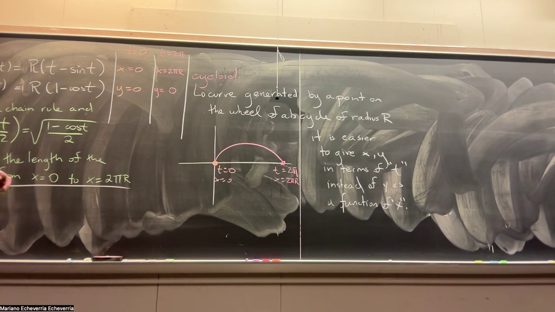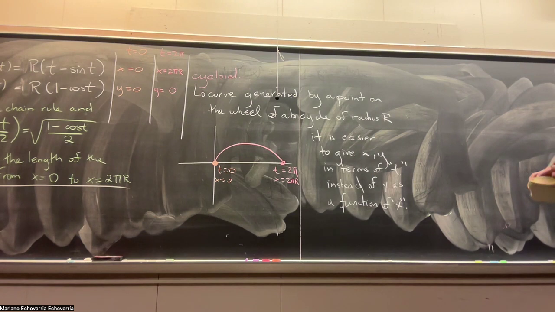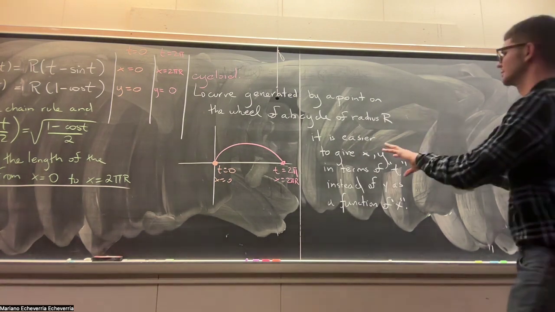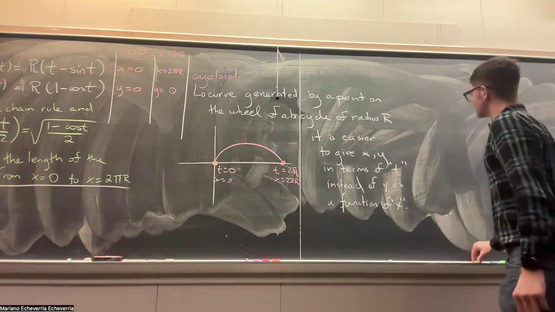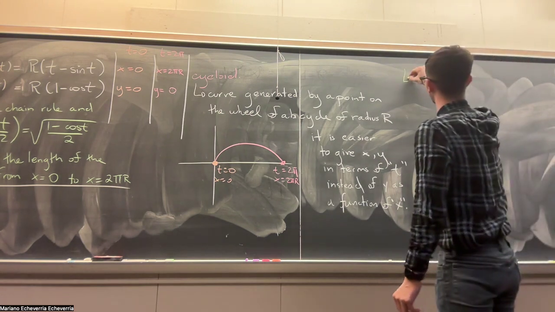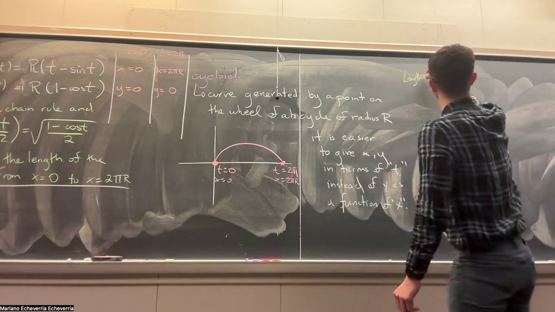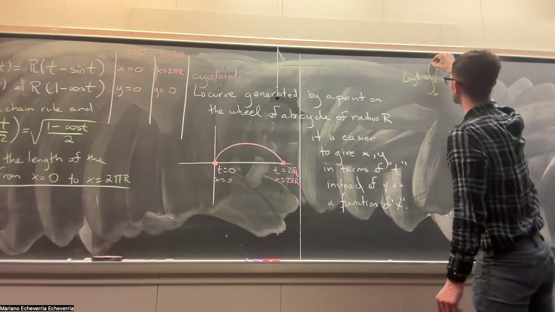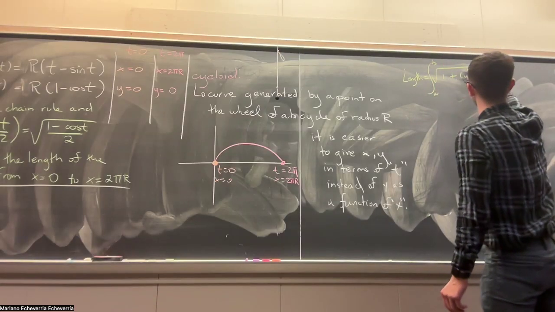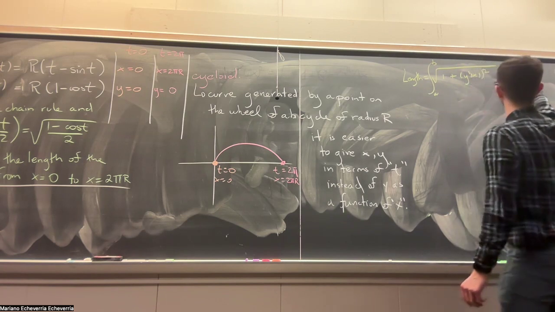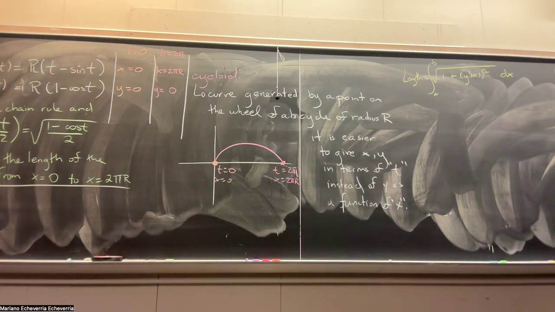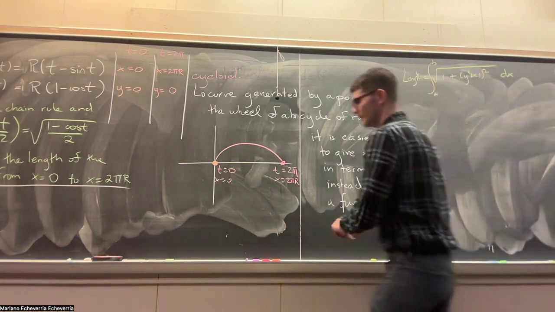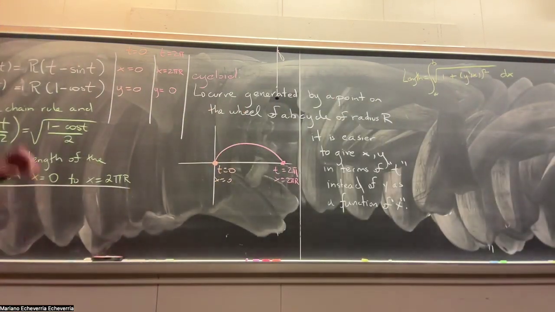Okay, so how is this related to implicit differentiation? Again, this was the formula for the integral in general. But now what is y prime of x?